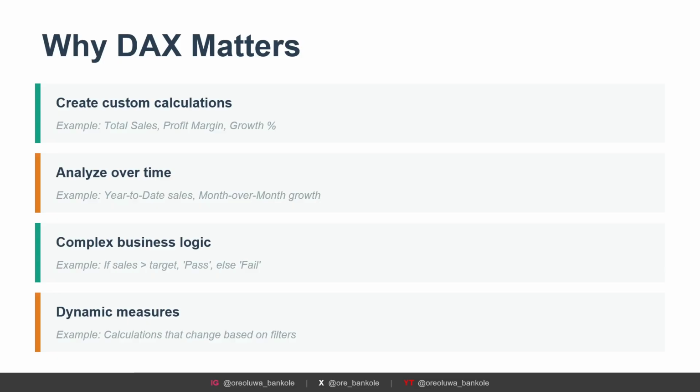Are you following? DAX also understands the relationship that exists between tables automatically. DAX also creates dynamic calculations that respond to our filters, to our slicers, and the rest like that. And we can also use it to perfect our time intelligence.